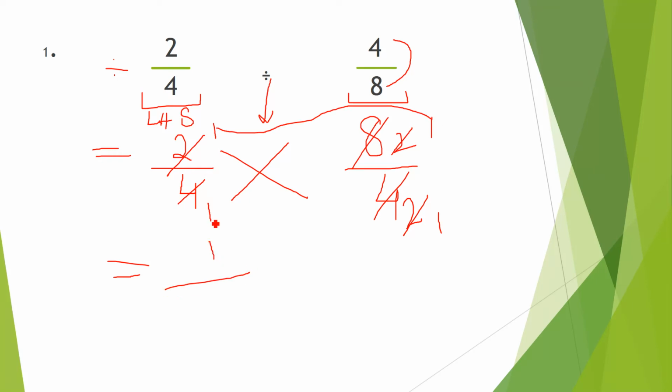In the denominator we have 1 and 1, so 1. If you have 1 in the denominator, you can write down only the numerator as the answer. I will show you in the next question about the other part.